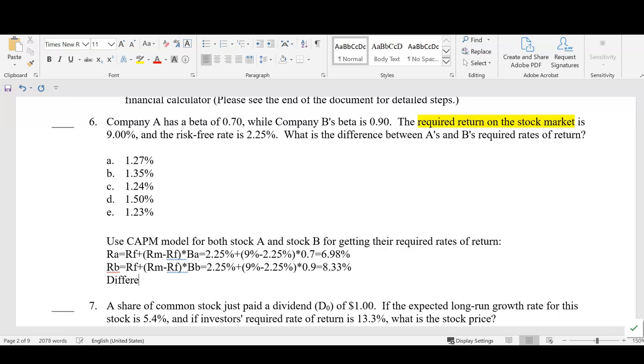Okay, so their difference, which is RA minus RB, becomes... well, here we see all the options as positive numbers, and we see RB is actually higher than RA. So this gives us 8.33% minus 6.98%. Okay, it gives us 1.35%. So we should choose option B.